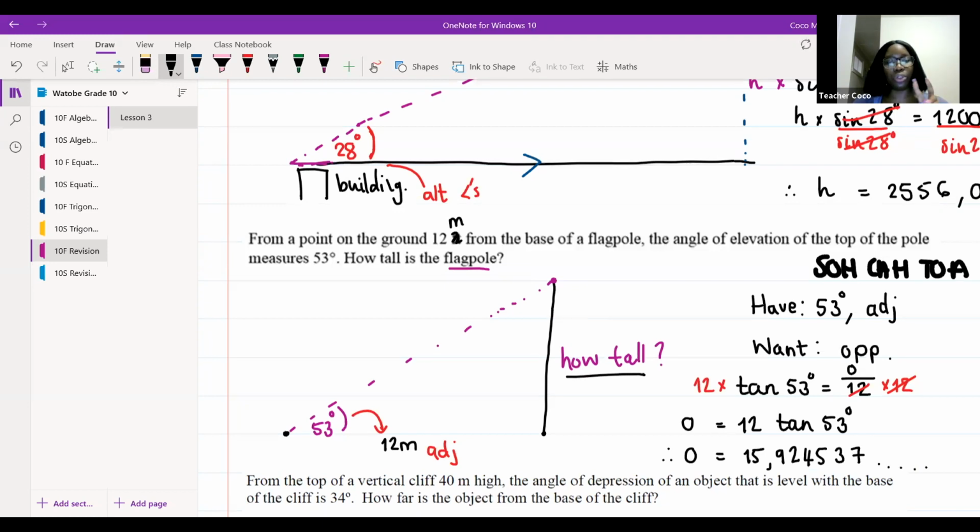If we're going to round off to 2 decimals, guys, what's going to happen? My 5 is going to change this 4 into a 5, and this 5 is going to change this 2 into a 3. So my answer should be 15,93. And Mohammed, I don't know where we got 86 from. We really need to think about where the 86 came from. All right, so we're going to get 15,93.